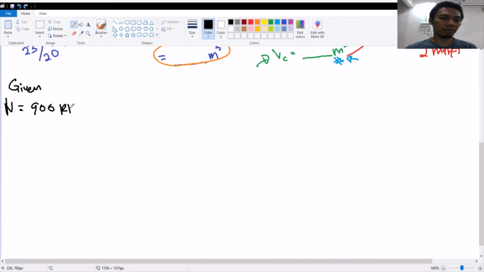Immediately change rpm to the basic unit, rps, before we put any value inside any equation. So how to change minute to second? Don't ask me, you should know it. 1 minute equals 60 seconds, sorry. So this is rps.